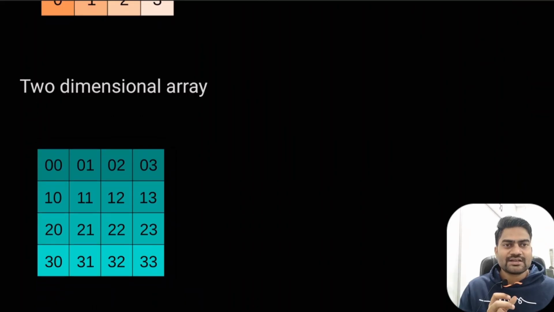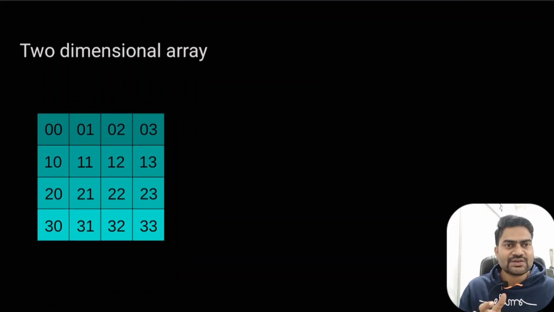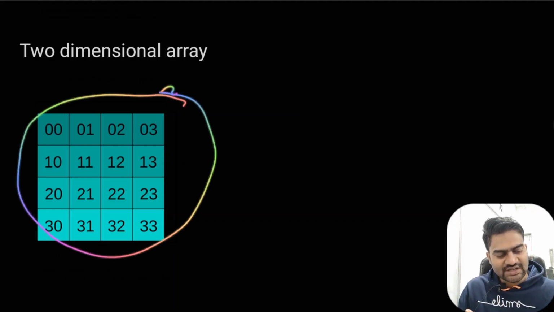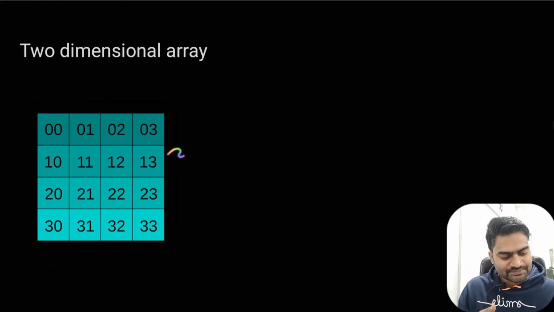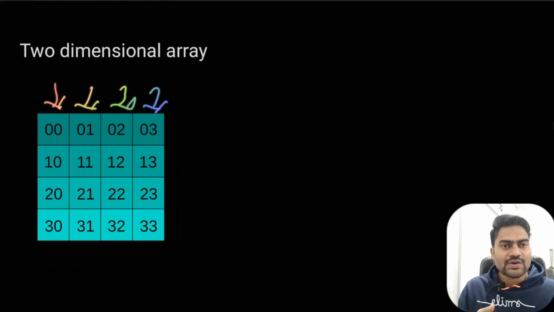Now there are other arrays also, like two-dimensional and three-dimensional arrays, and then comes the multi-dimensional array. In the two-dimensional array, we have rows as well as columns. In this diagram there are 4 rows and 4 columns.